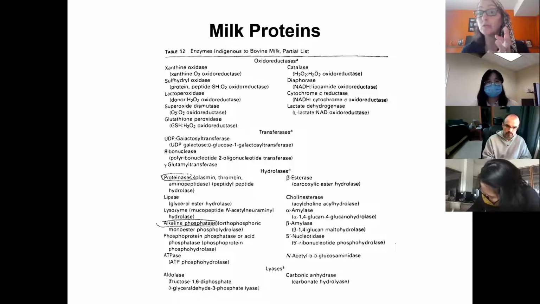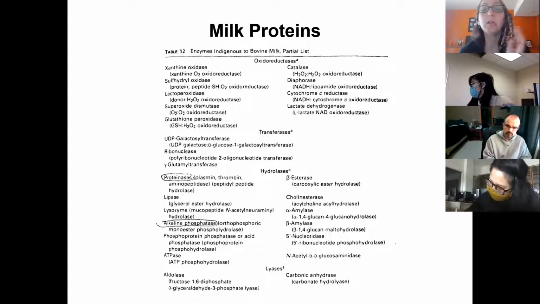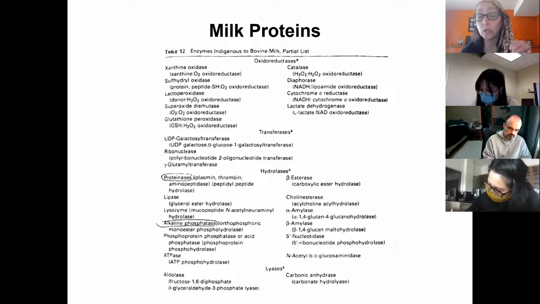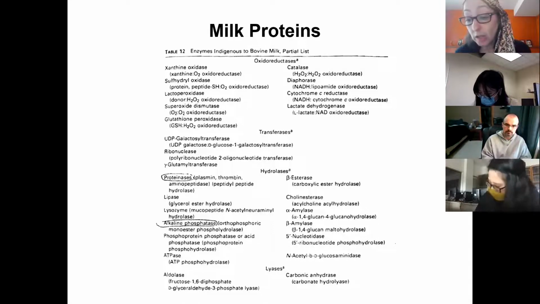And instead of doing a microbial test to determine the efficacy of pasteurization, you can look at the activity of alkaline phosphatase, which is more stable than pathogenic bacteria. So if it's inactivated, that's an indication that pathogenic bacteria have been killed. Okay, so that's why it's important, and I circled it because it's an important enzyme that is used to test the efficacy of milk pasteurization. So a lot of enzymes.